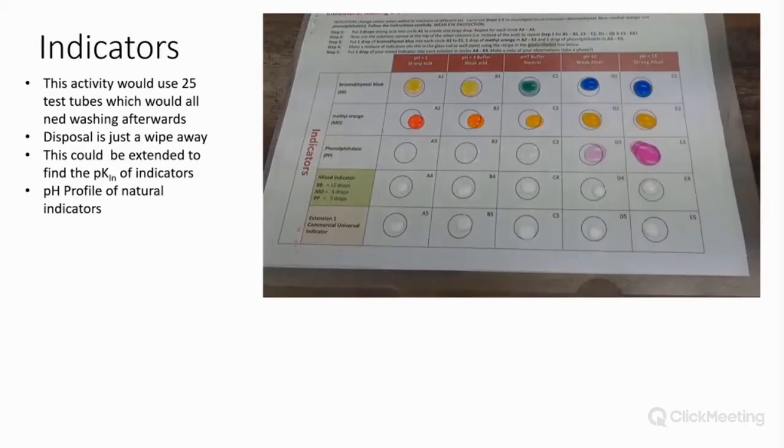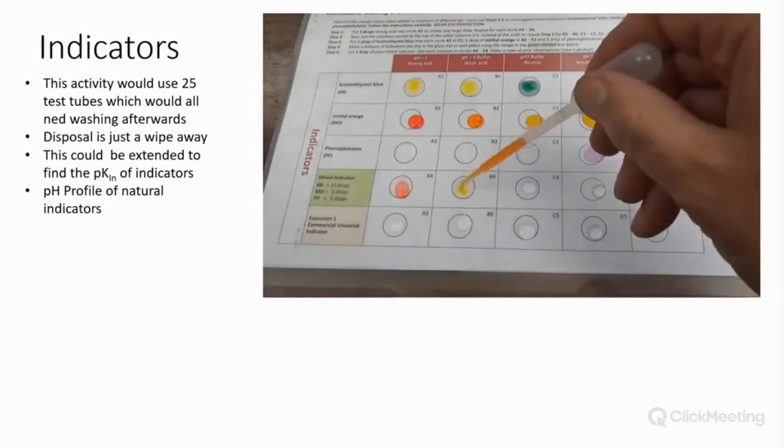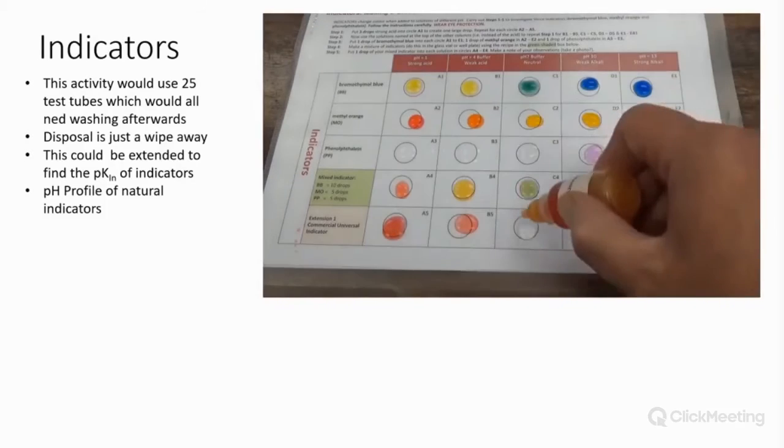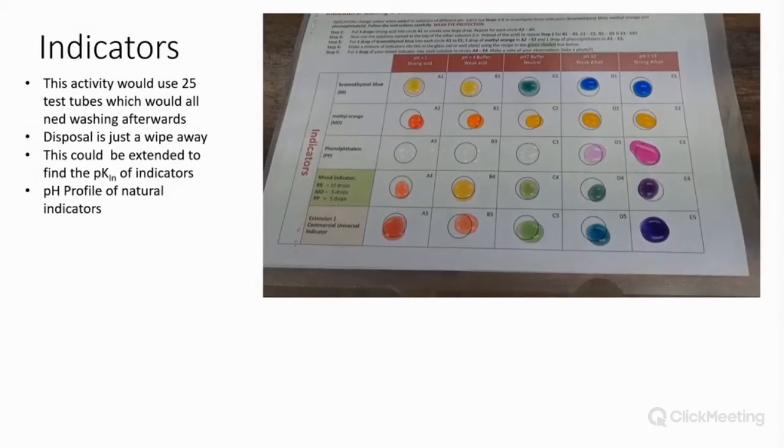The first indicator was bromothymol blue, the second one is methyl orange, and the third one was phenolphthalein. The buffers are 1, 4, 7, 9, and 13. Now, if you make a mixture of these buffers, in the next column there, see what happens. You get a universal indicator, which you can compare with the commercial version.